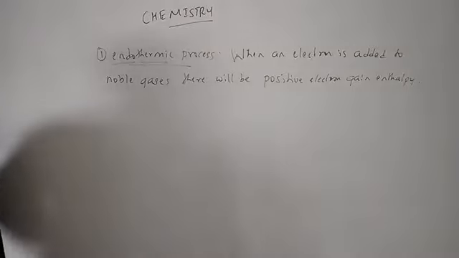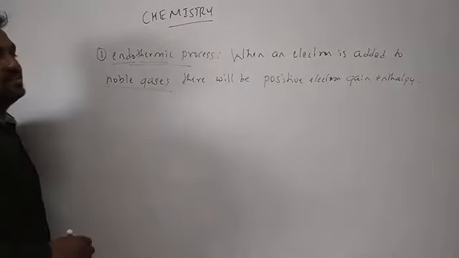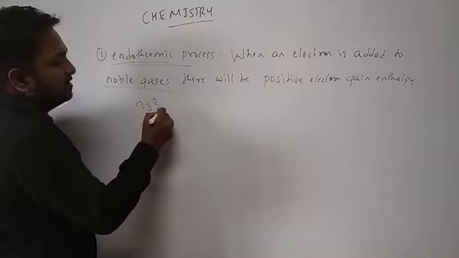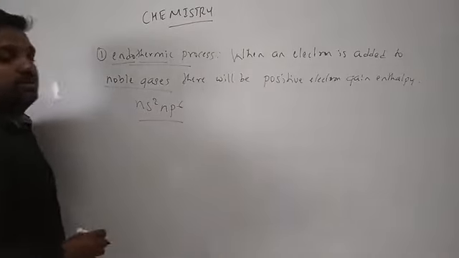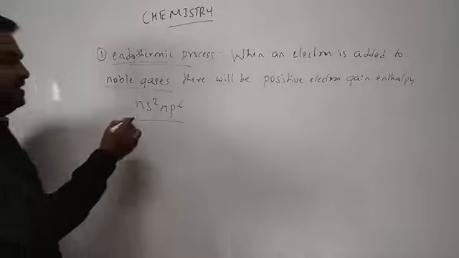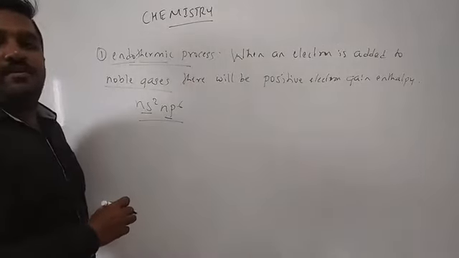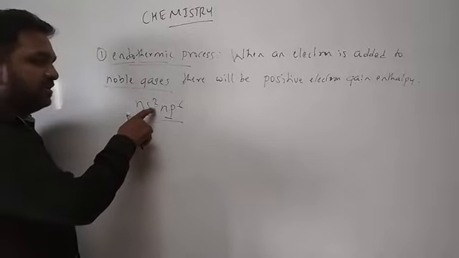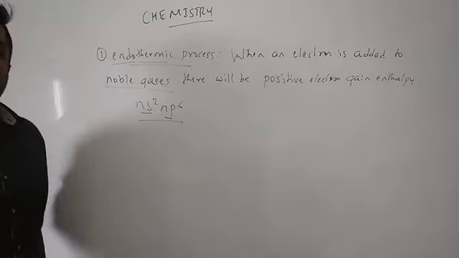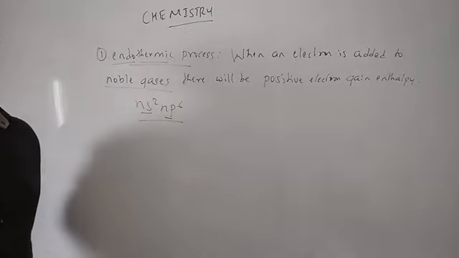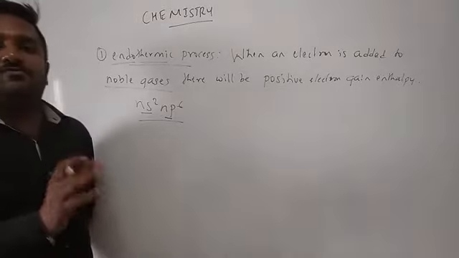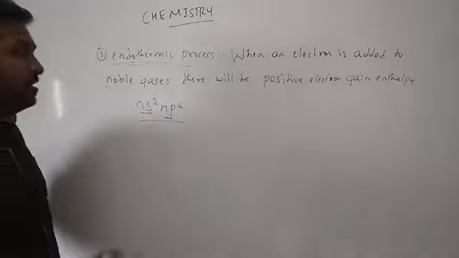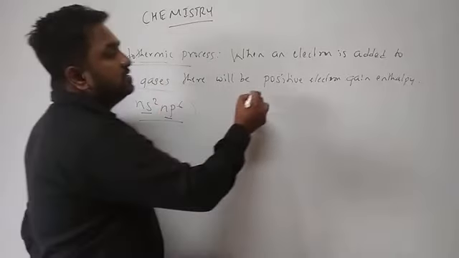Why is it positive in the case of noble gases? It is because noble gases have a stable octet configuration, that is ns2 np6. Their shells are completely filled. The maximum number of electrons that can be accommodated in the s orbital is 2, and in the p orbital it is 6. They already have completely filled shells, so if you want to add an extra electron, there will be positive electron gain enthalpy.